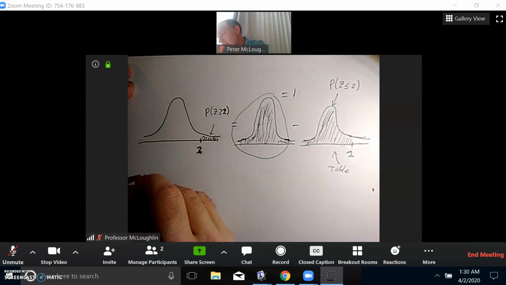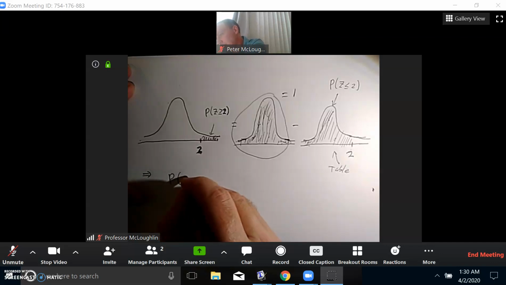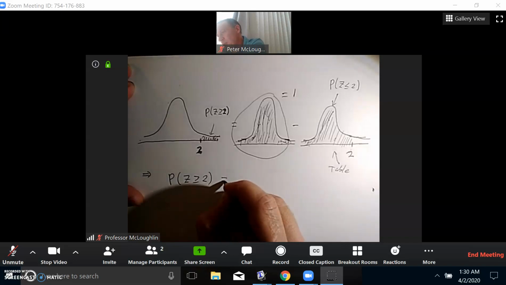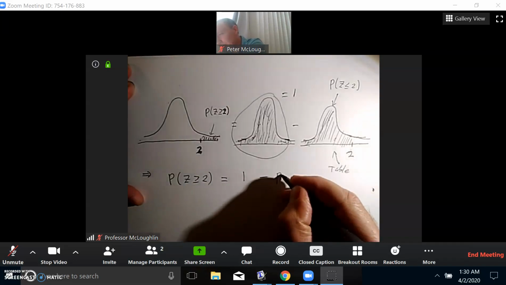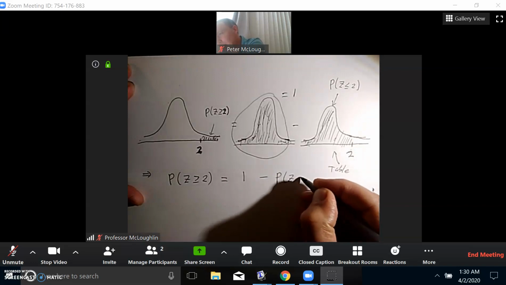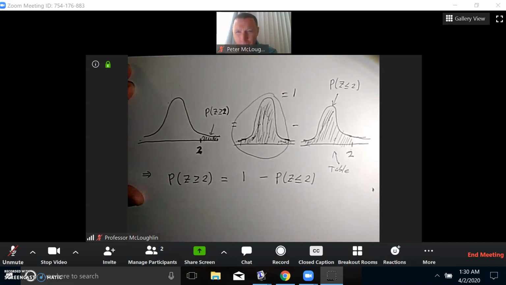So you can write this then as probability z greater than or equal to 2 will equal 1 minus probability z less than or equal to 2. So that's how I got that equation. So let's keep going.